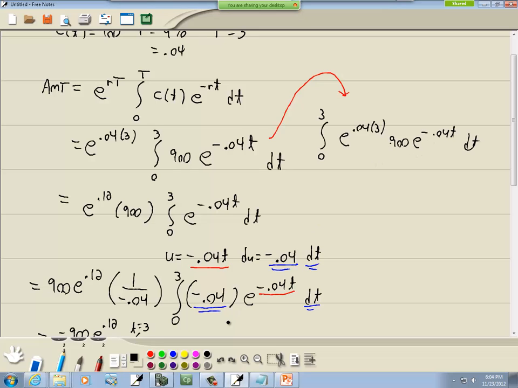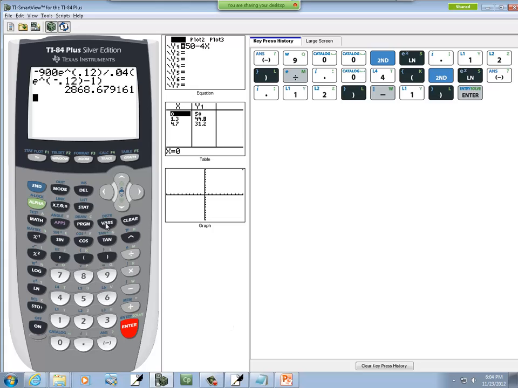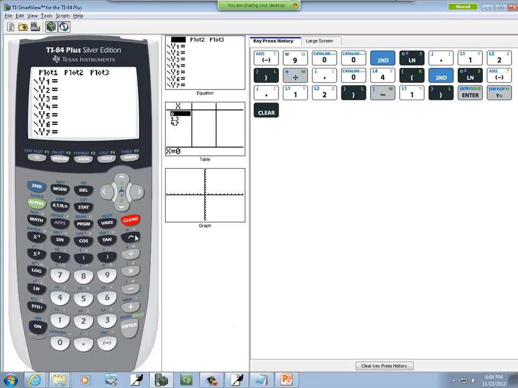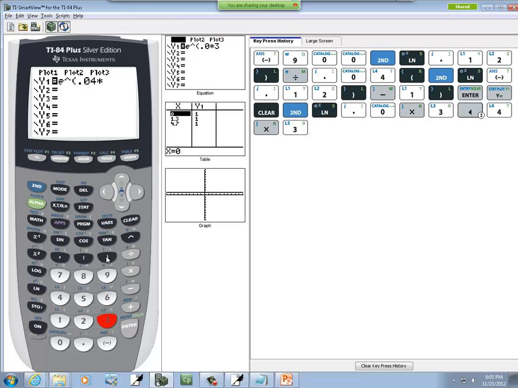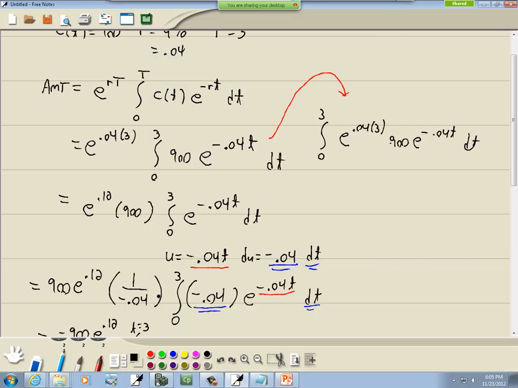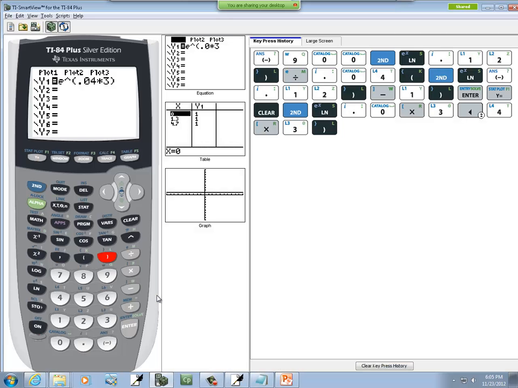So you want all that inside. Okay, so I'm going to press y equals, clear, and I've got e, so second ln, 0.04 times 3. Screwed up right from the beginning. Times 900.